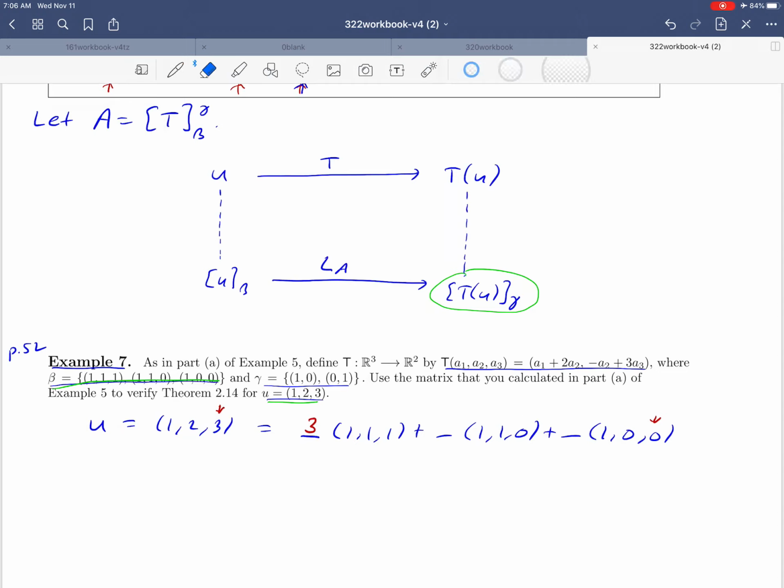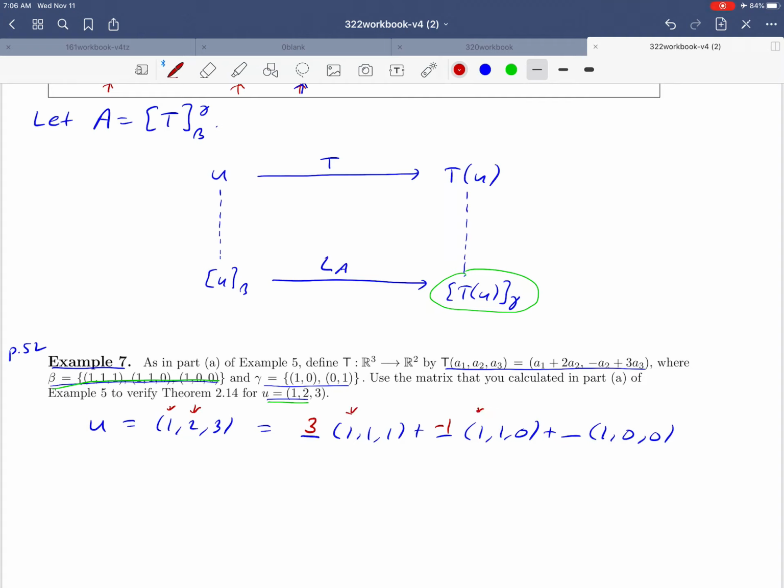What's next? Then we'd like to get a 2 there. We've already got a 3 times a 1 in the second coordinate, so we would need to subtract 1 from that to get a 2. And then finally, to get this 1, we're looking at the first coordinate.